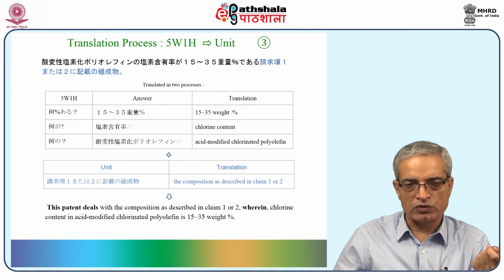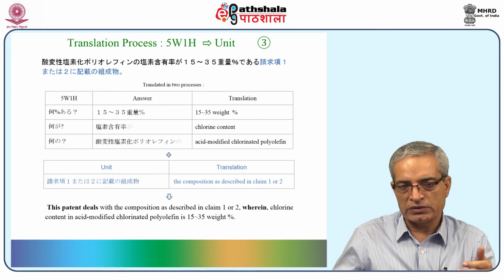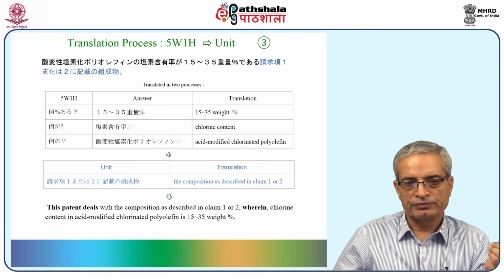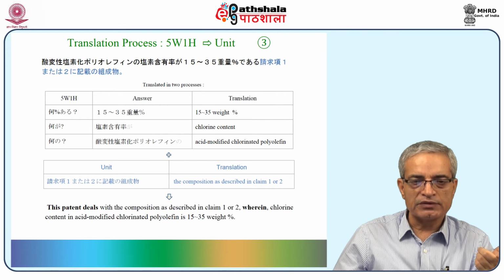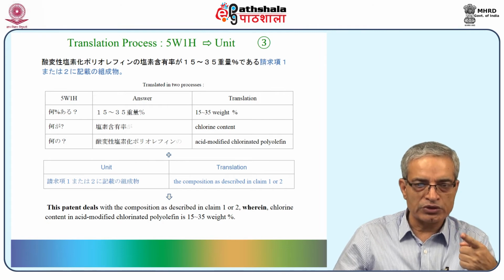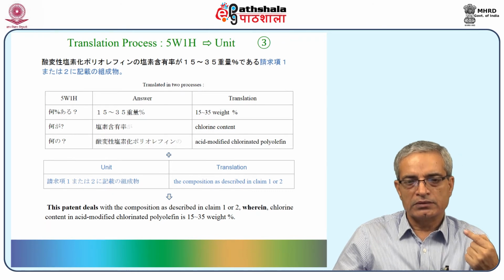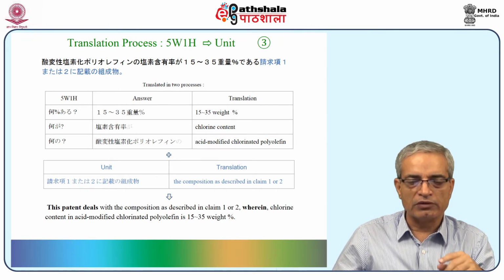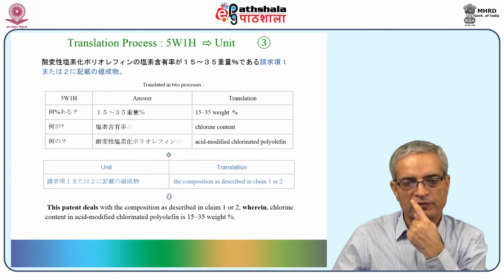In the previous one it was only one claim, probably it could be 1 to 10, it can be 1 and 2, it could be 1 or 2. So this patent deals with the composition, fine, because that is there in the title, described in claim 1 or 2, wherein chlorine content in acid modified chlorinated polyolefins is 15 to 35 weight percent.